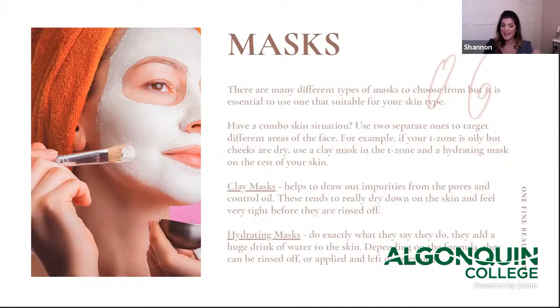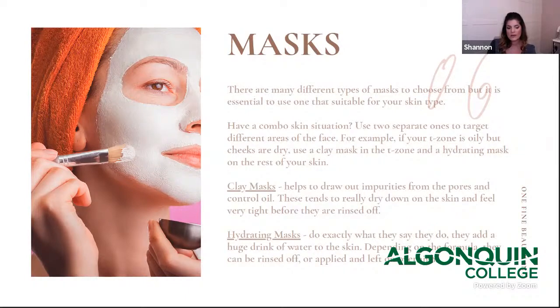So clay masks. Kaolin clay is going to be your most popular type of clay. And those really help to draw out impurities from the pores and help to control oil. They can also appear to shrink pore size, but you can't really shrink pore size. That's not really a thing to do, but you can help to dissolve any type of debris that's in the pore.